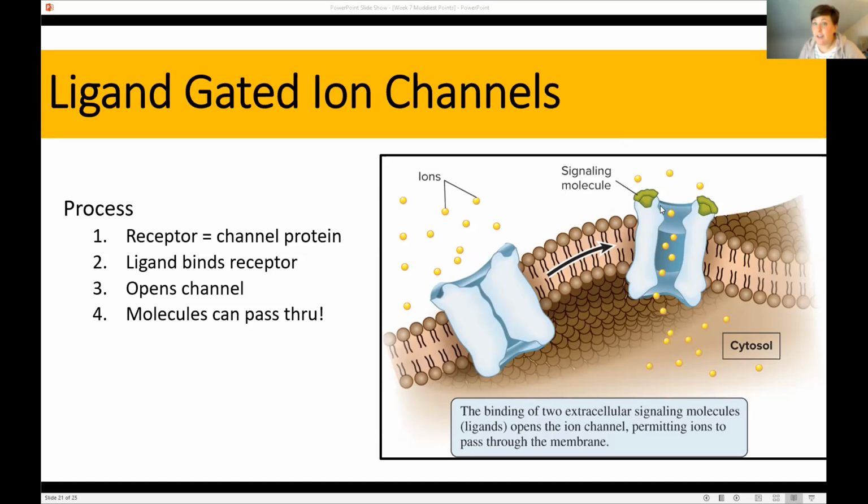Yeah, I guess you could drive your car through the garage, but that is not recommended. So ligand-gated ion channels are closed, but binding of a ligand can actually open those channels so that the ions can pass through.